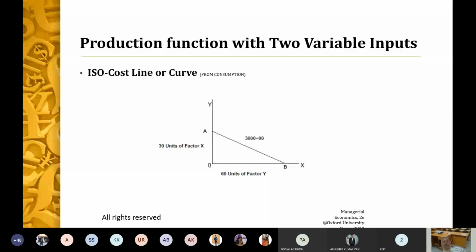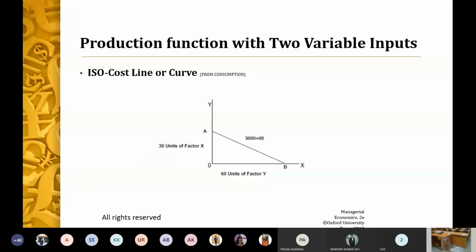So at point A, we have 30 units of factor X. At point B, we have 60 units of factor Y. And at the point where X is 0 and Y is 30 units, we get the cost to be 3000.